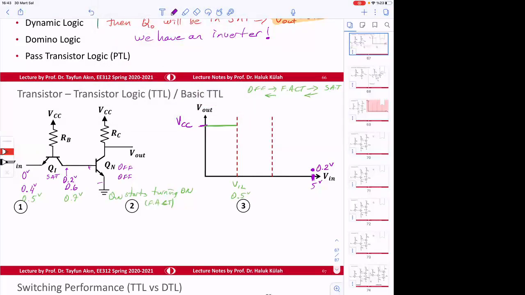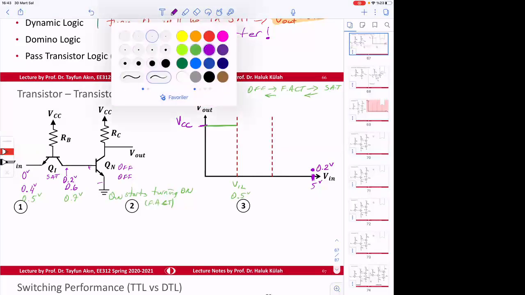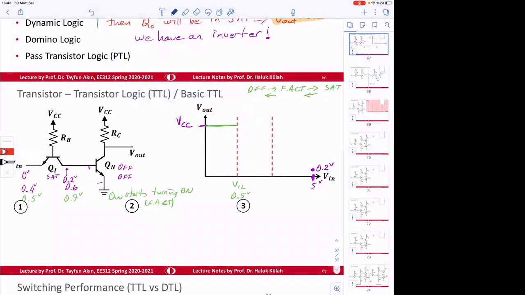Now I solved this almost. I said I won't, but I'm tempted. So if we apply here 0.6 volts, then if this is still in saturation, this is going to be 0.8 volts.